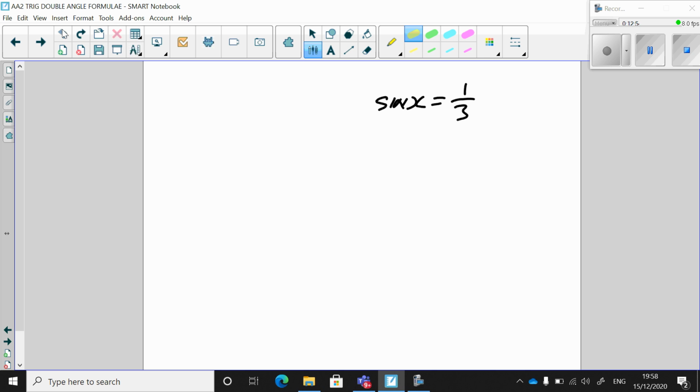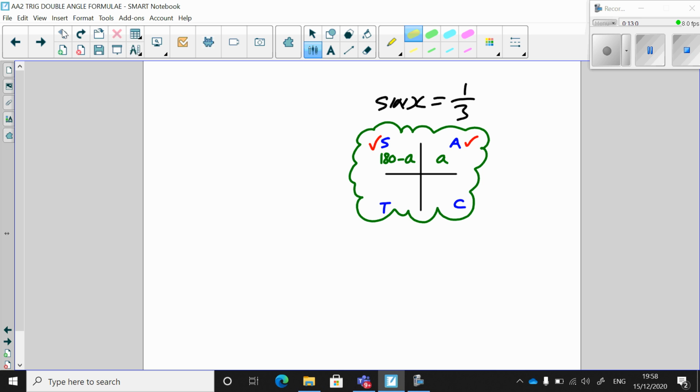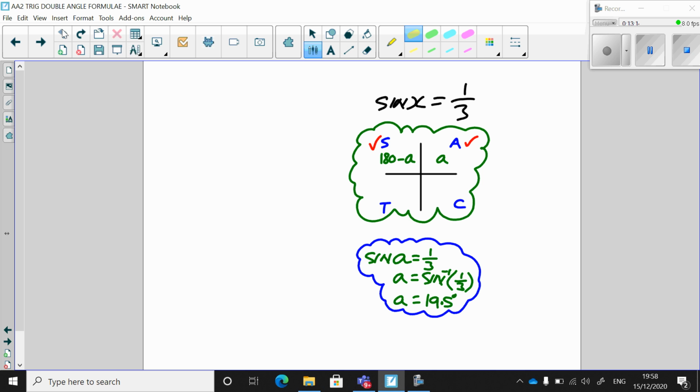Other one, sine x equals a third. I need to do a quadrant check here. I can see sine is positive, and all on sine: 180 minus a and plus a. So I need to bring on board not sine x, but sine a equals a third. Then a equals inverse sine of a third, which gives a nice answer of 19.5. Can you take the 19.5 and put it in there, and in there?